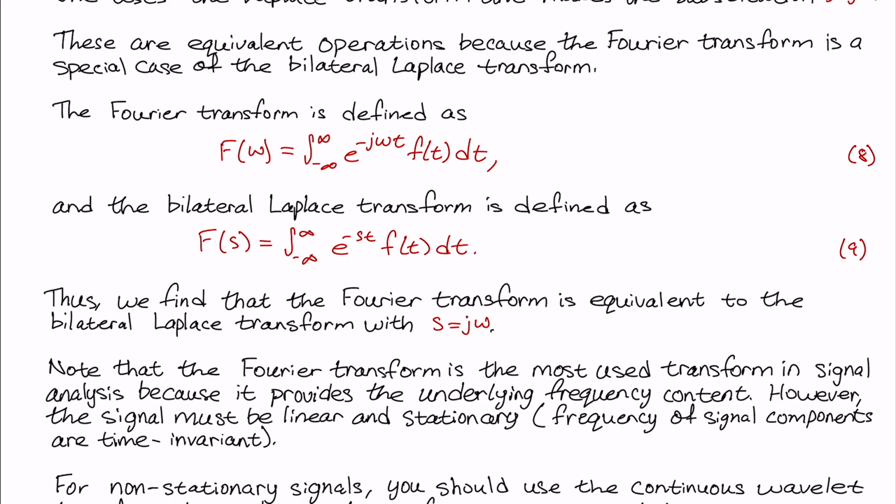And what you can see here is that the Fourier transform is equivalent to this bilateral Laplace transform so long as s is equal to j omega. So in other words, the Fourier transform is a special case of the bilateral Laplace transform.